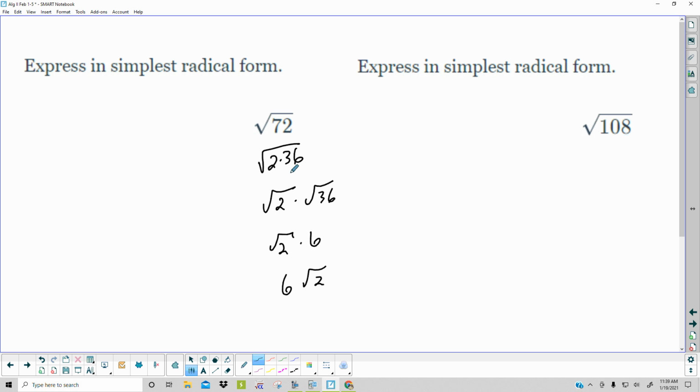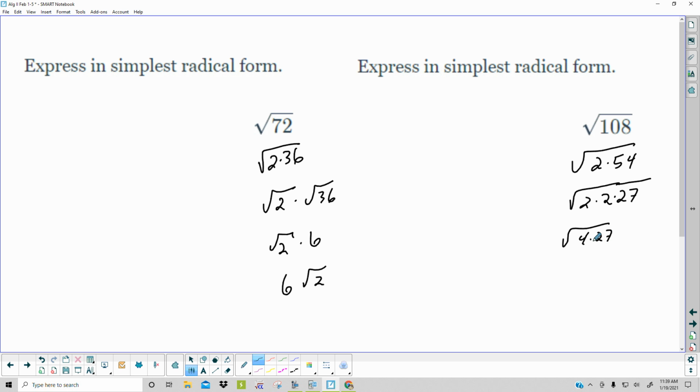I'm going to try dividing by 2, see what I get. So I get 2 times 54. I still don't see a square. So I'm going to divide this again. 2 times 2 times 27. Oh, there we go. So I got 4 times 27. But doesn't 27 break out again?